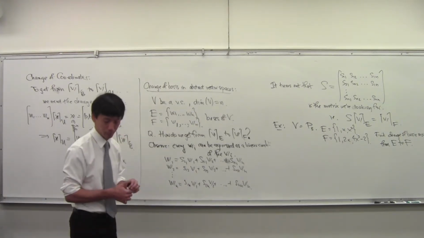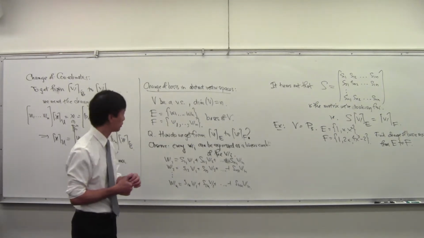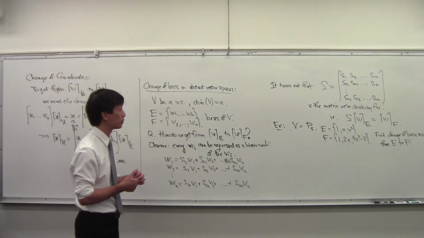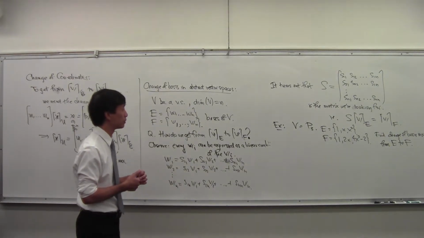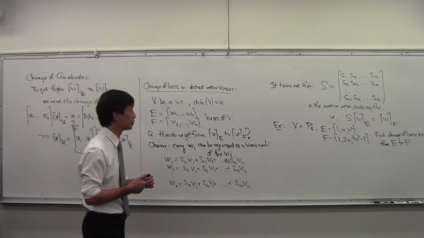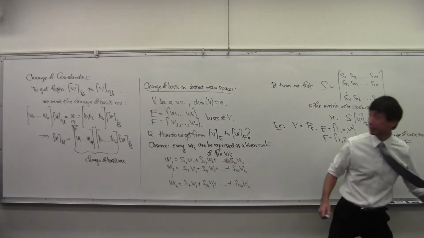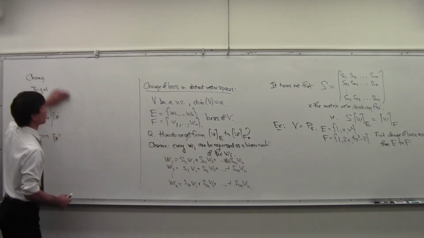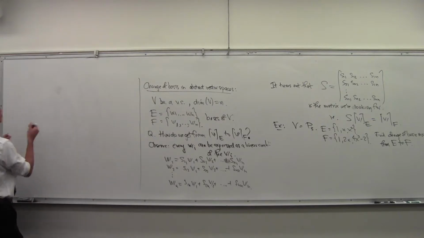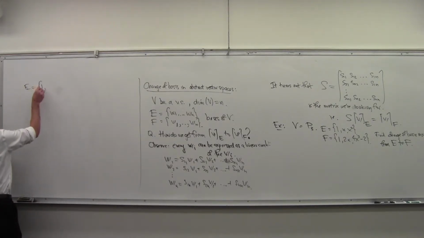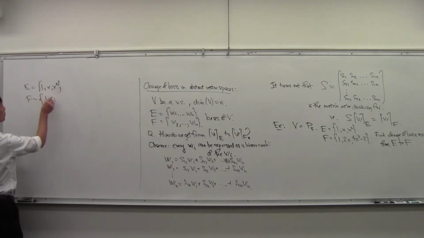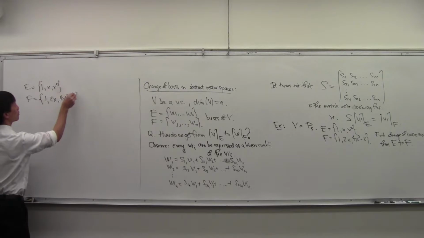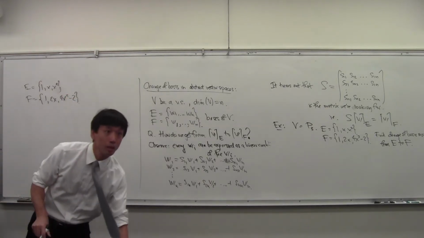I just realized I did this wrong, because something times 1 equals 1 times E, and then plus 0 times this. And then the next one, W2, which is x, is like 0 of those plus 1 half times 2x plus 0 times 4x squared minus 2. You want to find that matrix.